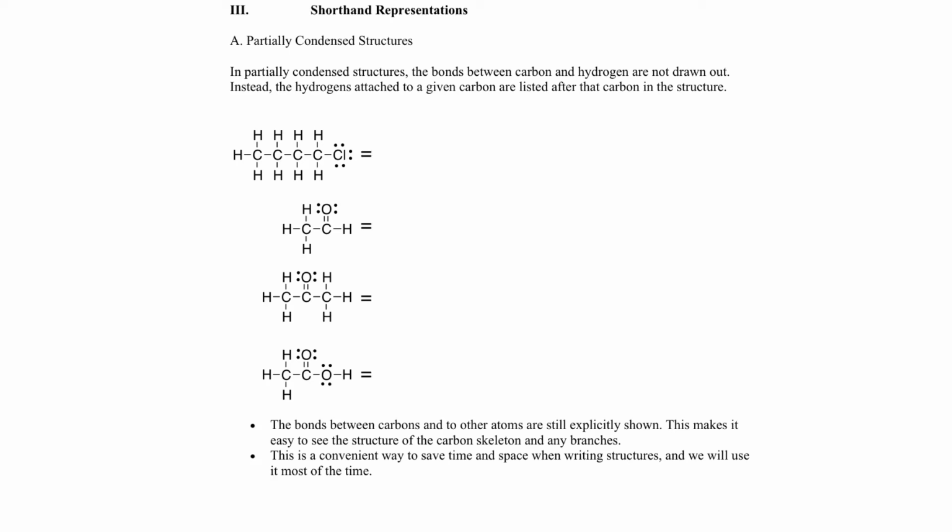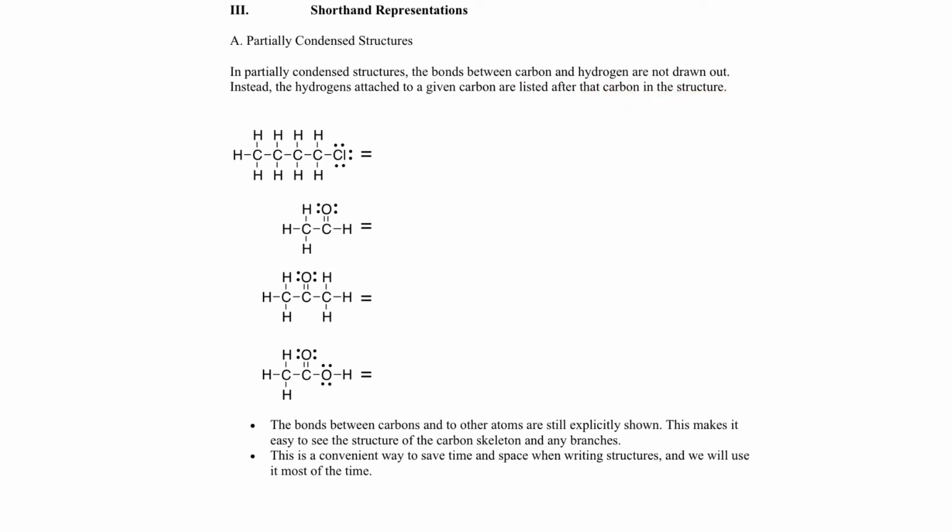The first one would be partially condensed structures. In partially condensed structures, the bonds between carbon and hydrogens are not drawn out. Instead, the hydrogens attached to a given carbon are listed after that carbon in the same structure.